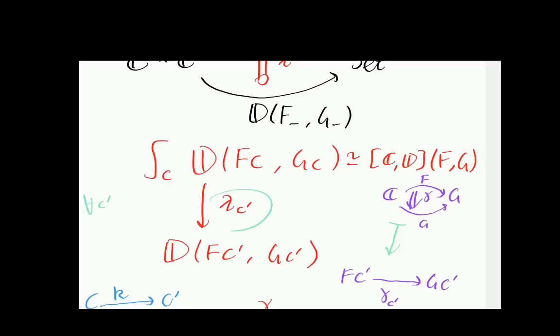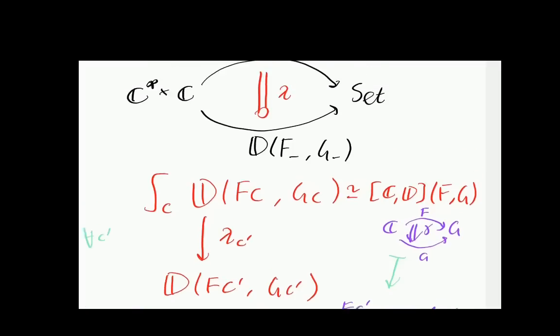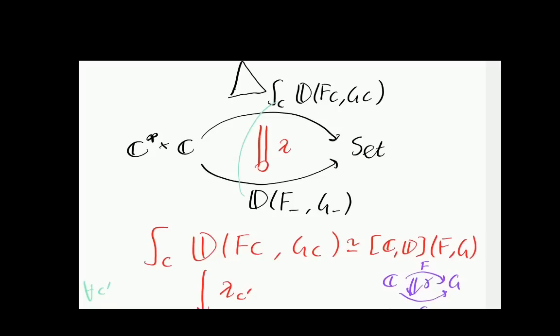And so lambda c dash just takes any particular natural transformation that's the input, let's say gamma, and then it just takes the c dash component of that gamma. Okay, so this is really straightforward. If we think of the elements of this as tuples of arrows that form natural transformations, then this just projects and gets the c dash components of those natural transformations. So there we have it. That's basically what this universal wedge looks like.